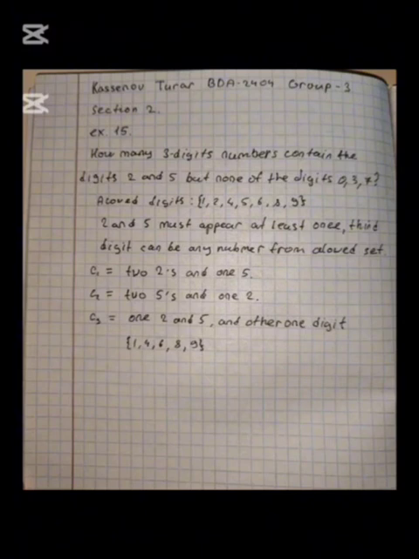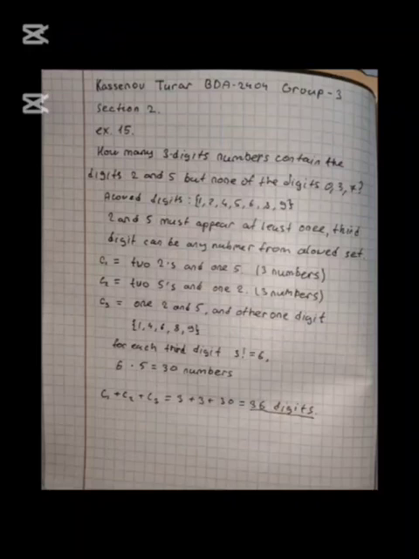For each third different digit, it's 3 factorial, which equals 6, and there are 5 allowed digits, so 6 times 5 equals 30 numbers. So we have 36 numbers in total that contain 2 and 5 and don't contain 0, 3, and 7.